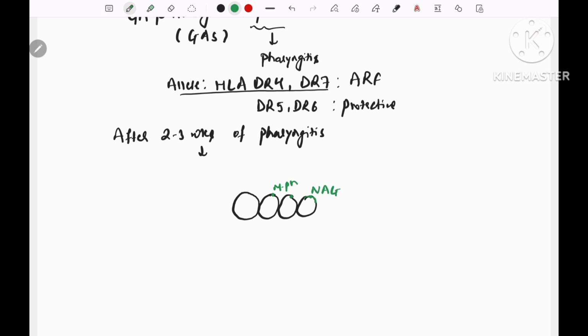So one is M protein, another is N-acetyl glucosamine.